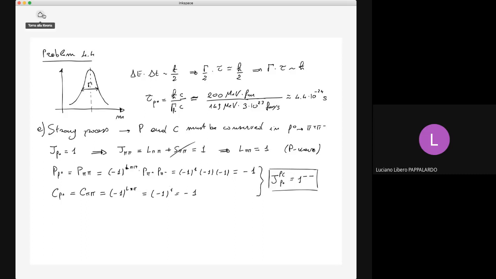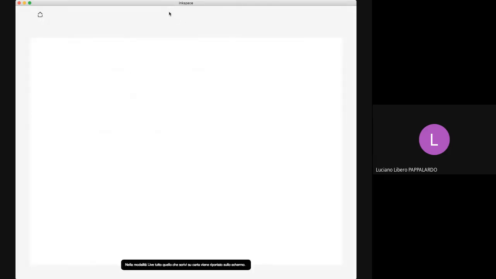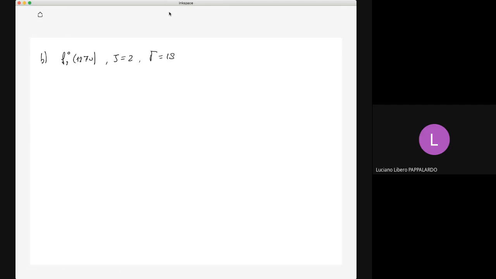Okay, so let me take a new page. And let's work out now the second case. So the second case, let me remind you from the text, it is the f2 1270 meson with J equal 2 and with the decay width of 185 MeV. So let's calculate also in this case the decay time.